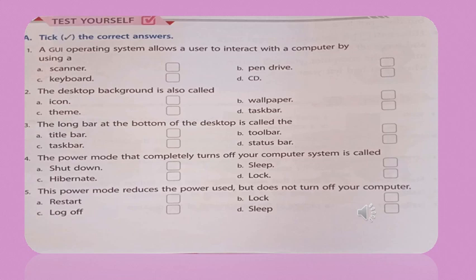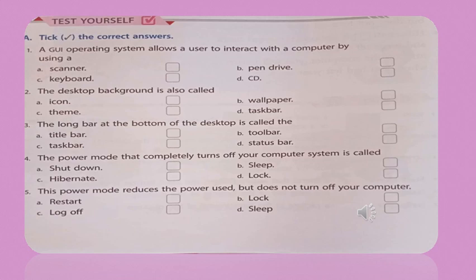Then fourth one, the power mode that completely turns off your computer system is called, options shutdown, sleep, hibernate, lock. The power mode that completely turns off your computer system is called shutdown. Okay, so the answer is shutdown.